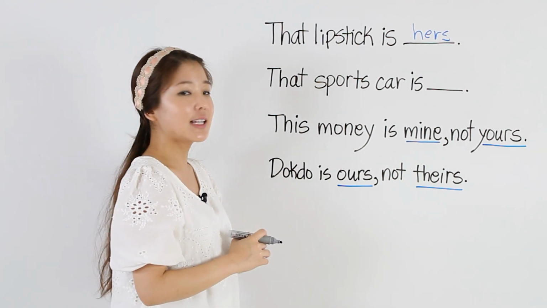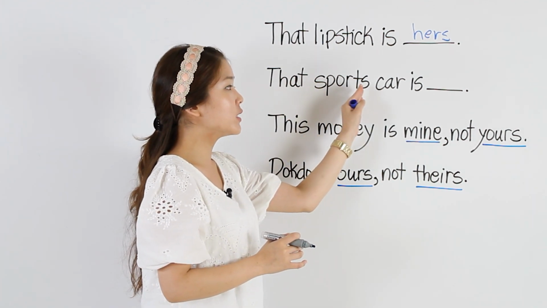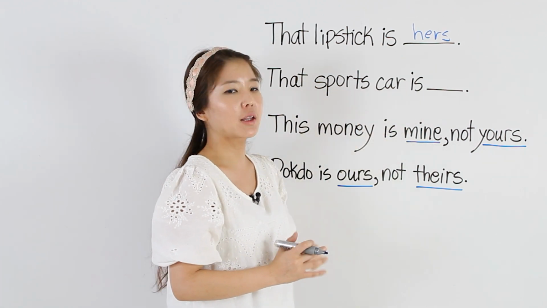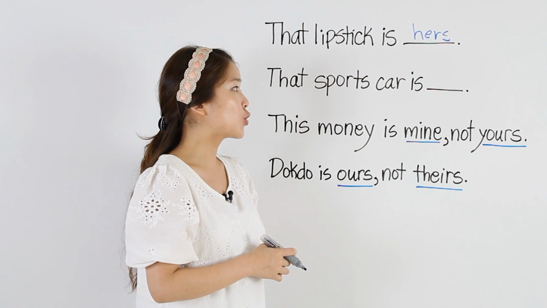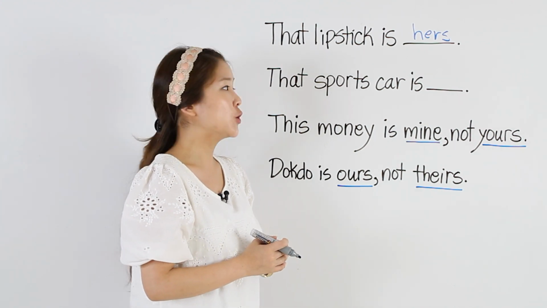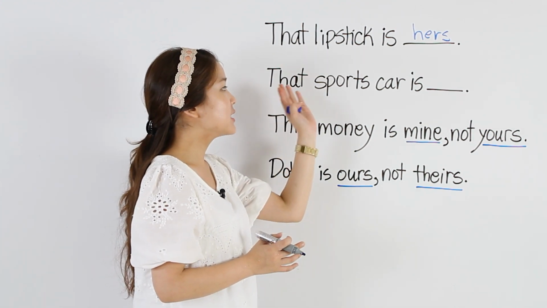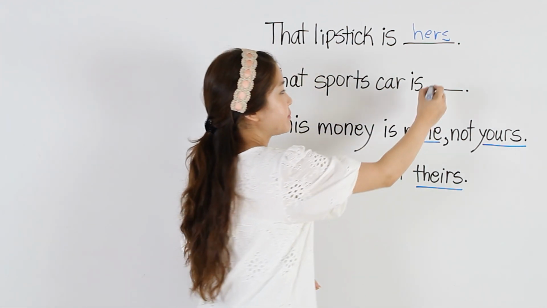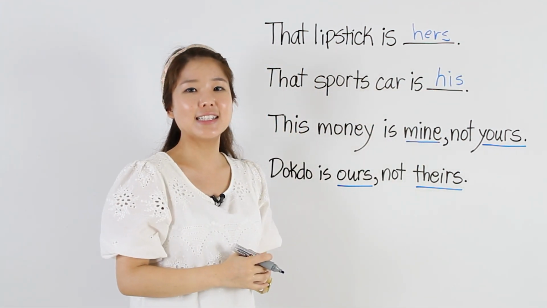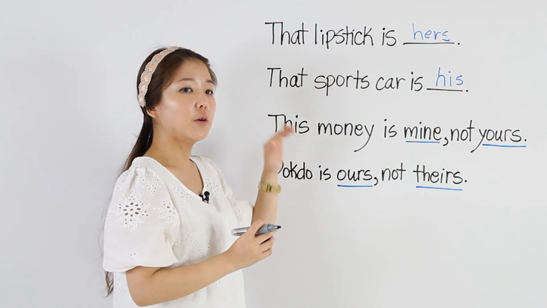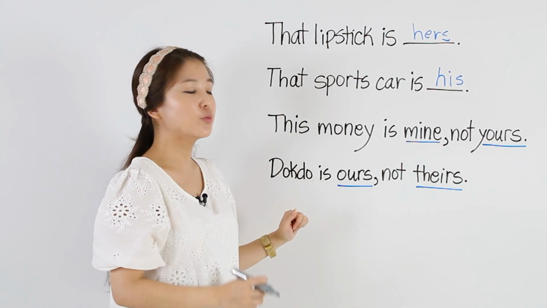Okay, the next sentence. That sports car is... okay. Again, usually a man will drive a sports car. So we can say that sports car is his.